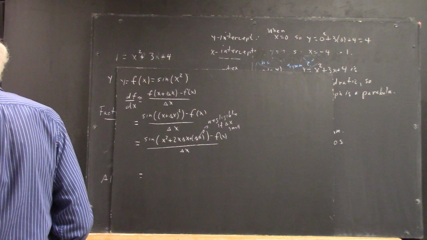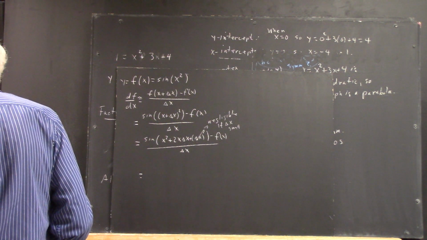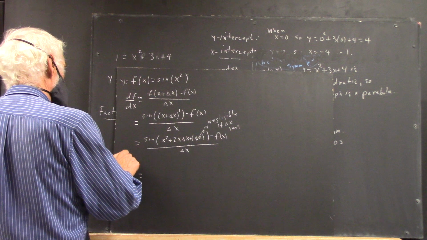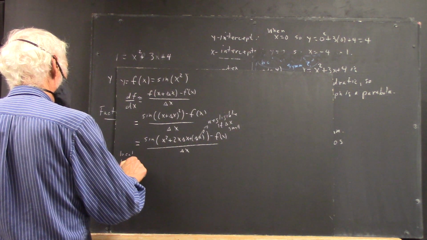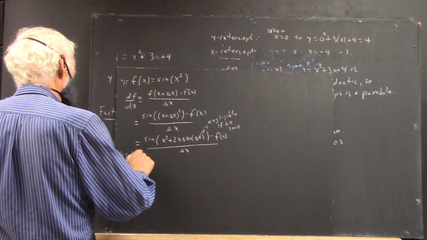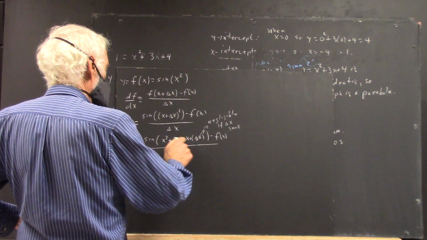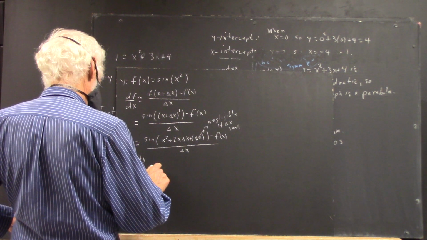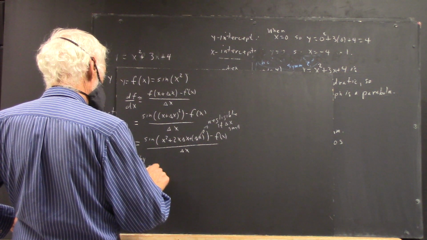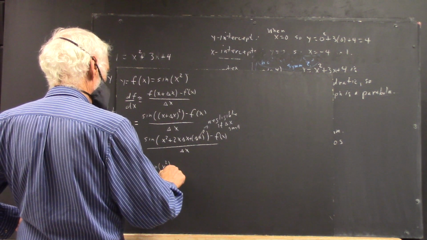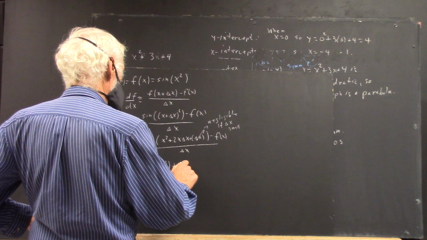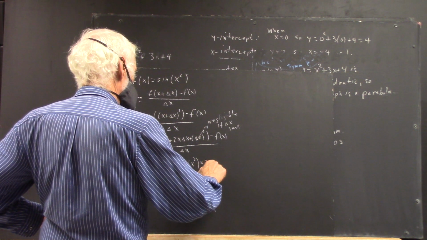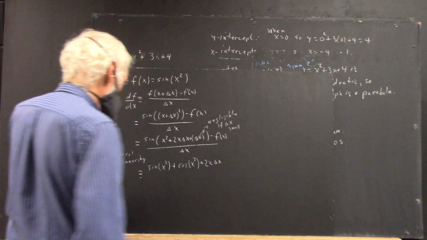Okay, so this would be then, by local linearity, the sine of x squared plus 2x delta x is approximately equal to the sine of x squared plus the cosine of x squared times this.